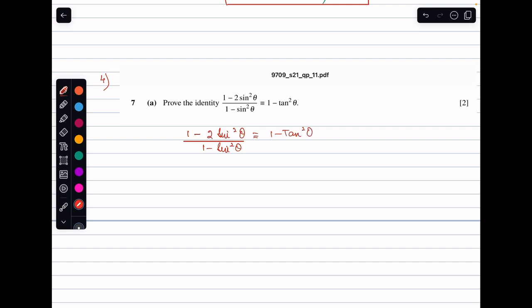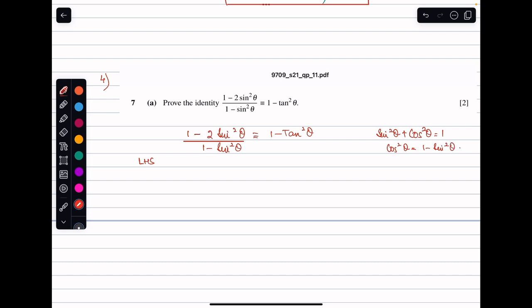So I will be starting my work from the left hand side, and here I will be having a few identities. Number 1, it's sine square theta plus cos square theta, this is equal to 1. And number 2, I can say it's cos square theta, which then shall be equal to 1 minus sine square theta.